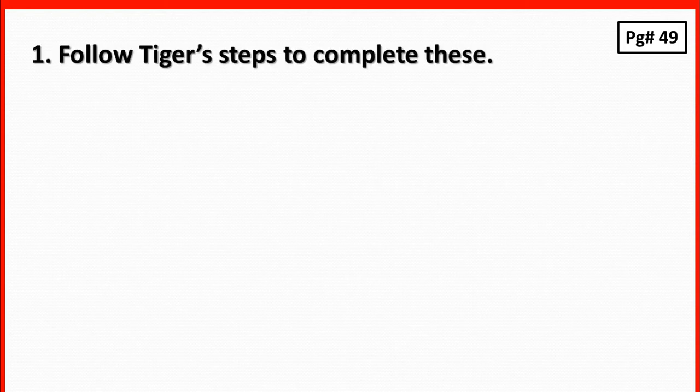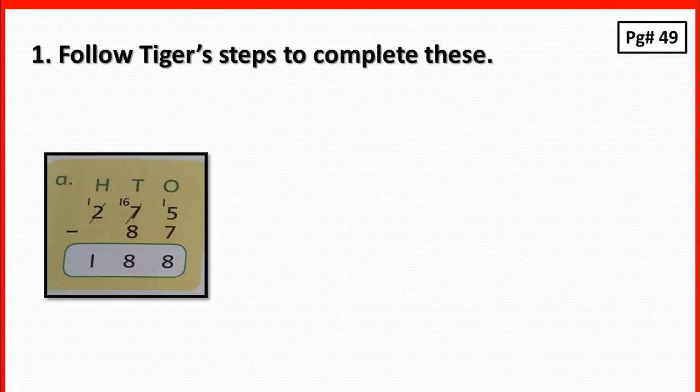First of all, I am going to do question number 1 of page number 49. Follow Tiger's steps to complete these. Let's subtract. What has been done for you? Can you subtract 7 from 5? No, we cannot subtract 7 from 5.